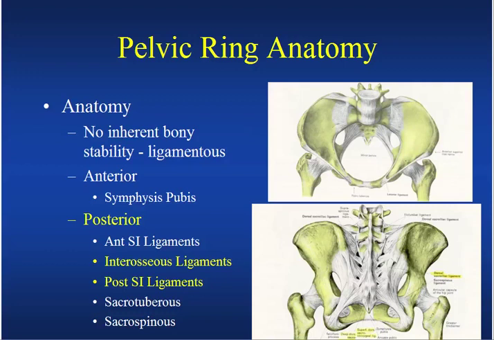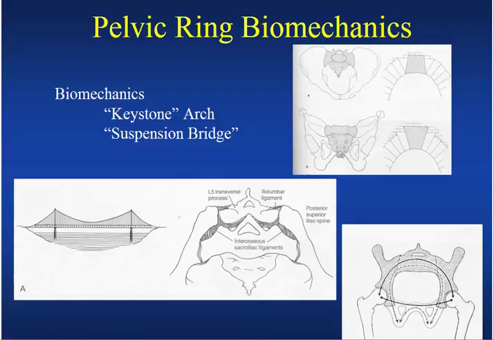Remember that the posterior ligaments, the interosseous ligaments, and the posterior sacroiliac ligaments are the strongest ligaments in the human body. We're all familiar with the keystone arch and the suspension bridge concept for the alignment and stability of the posterior pelvic ring. Just remember that the pelvic ring posteriorly relies on these multiple concerted ligamentous structures to maintain its appropriate alignment and stability.